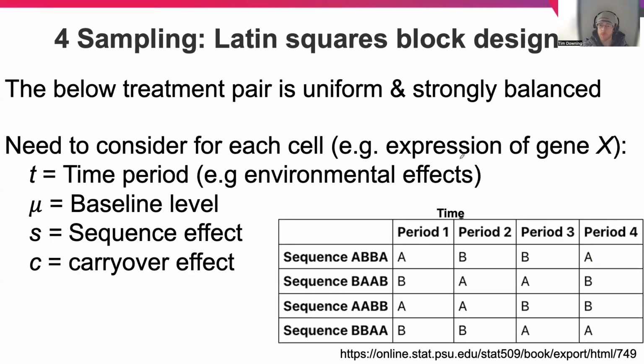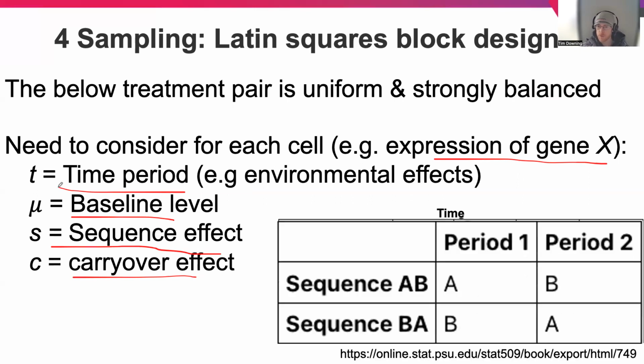Say we're trying to measure some gene X. It depends on the observed value, the treatment effect, but the carryover effect as well. In the baseline level, the expression might be non-zero, and then there might be effects from the time period. When we're doing experiments, there could be effects from the temperature, the pressure, other small effects, and they're quantifiable. Hopefully they're 0, but we can think about them in more detail.